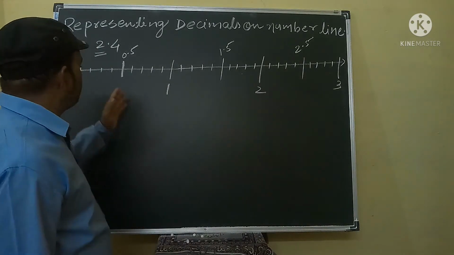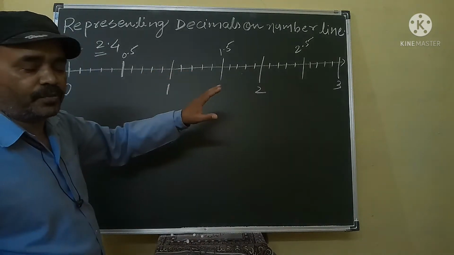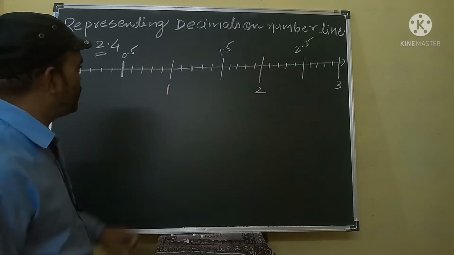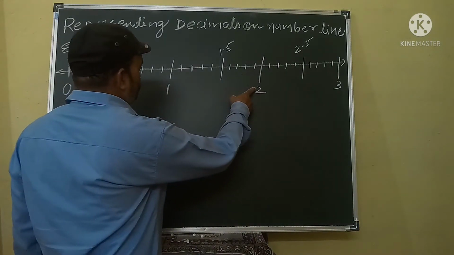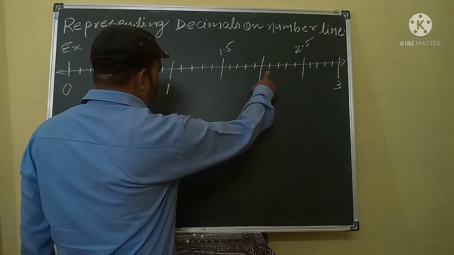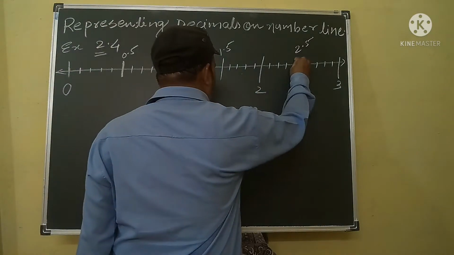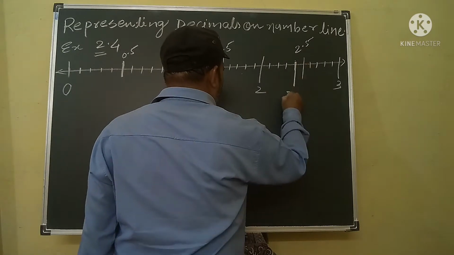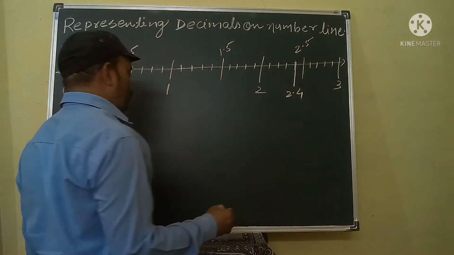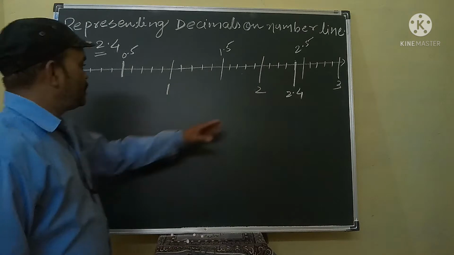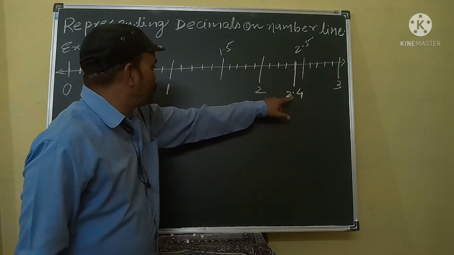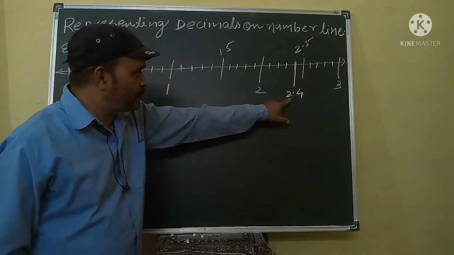Or in other words, where is 2.4 in this number line? So this is 2, this is 2.1, this is 2.2, 2.3, and this point is 2.4. That means this is the actual position of 2.4.